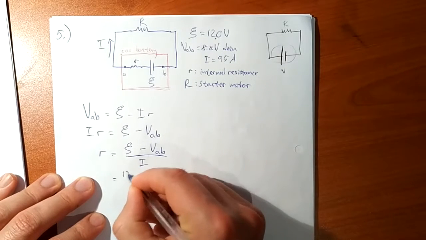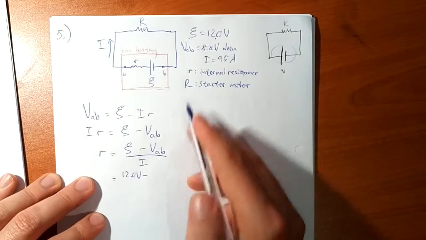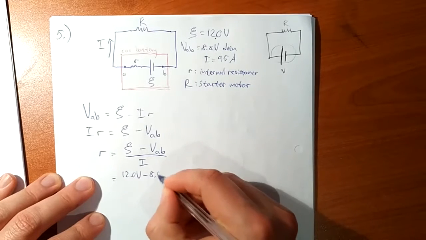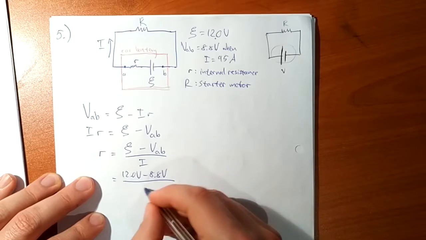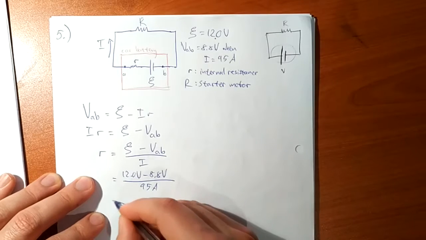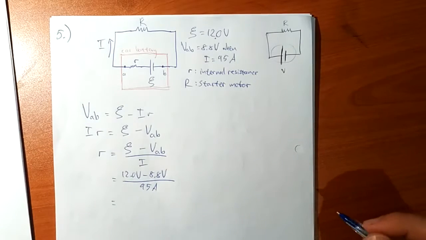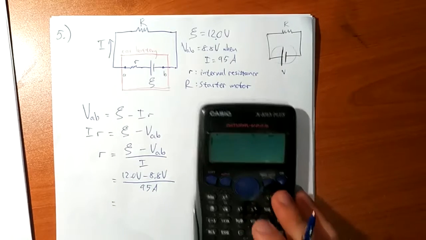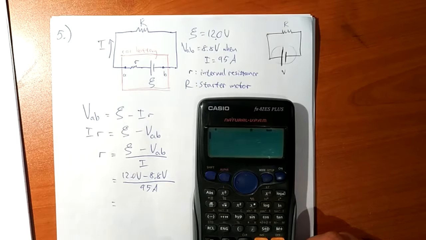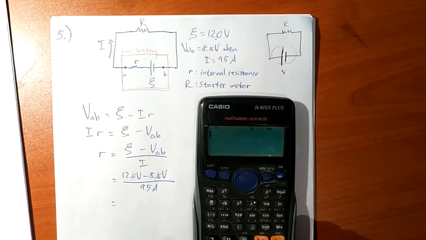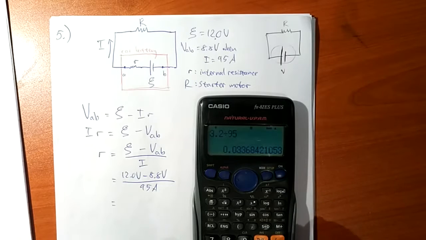So that is 12.0 volts minus this 8.8 volts over the 95 amperes. So 12 minus 8.8 would be 3.2, right? That divided by 95, there we go.